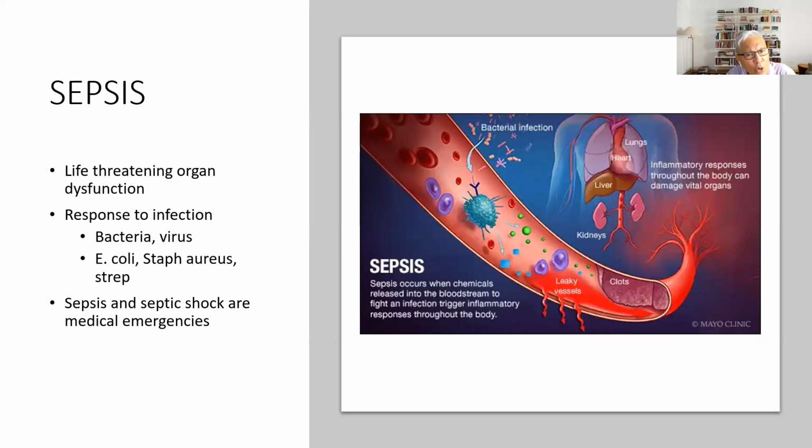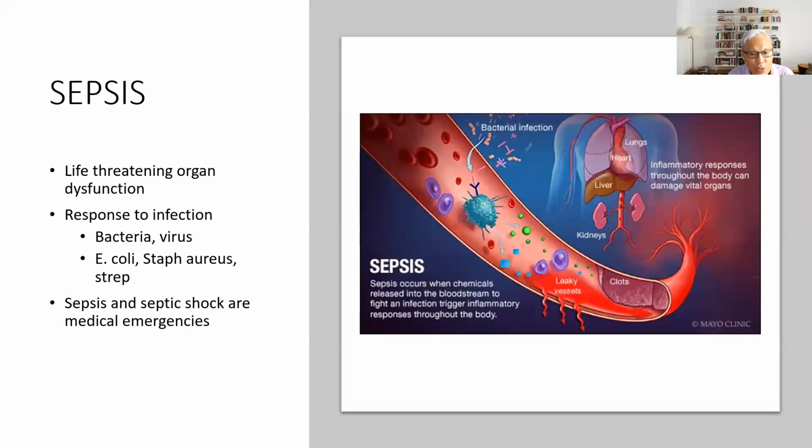And it usually is caused by a bacterial infection, but it could also be due to viral infections, for example, COVID-19. Now, the pathogens that are usually associated with sepsis are E. coli and Staph aureus, and these are some of the most common organisms that are going to cause these particular infections.